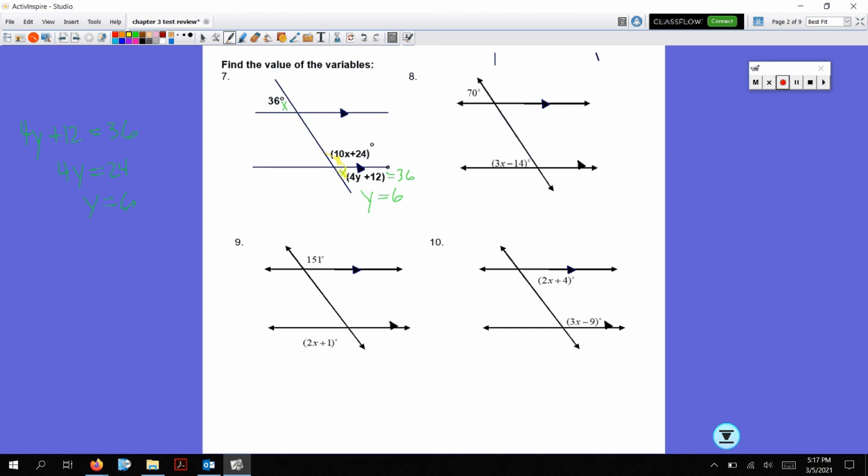Well, I already know 4y plus 12 equals 36, so I can simply say 10x plus 24 plus 36 equals 180. 10x plus 60 equals 180. Subtract 60 from both sides, and I get 10x equals 120. And x equals 12. I'm just going to put that in right here. x equals 12.